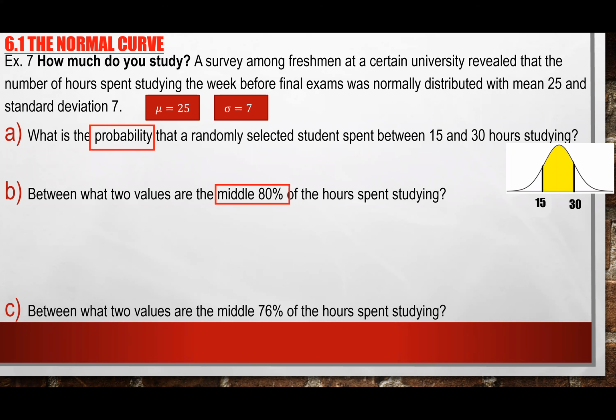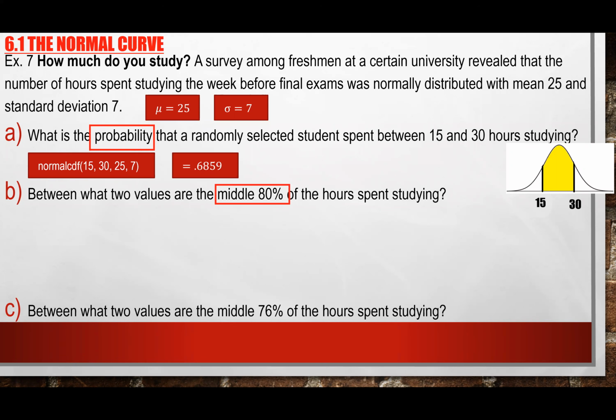This is the area we're looking for. The reason why you sketch this is to show what your left endpoint and your right endpoint are. In this case, my left endpoint is 15, my right endpoint is 30, the mean is 25, and the standard deviation is 7.